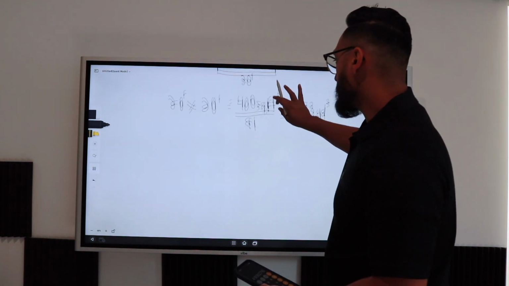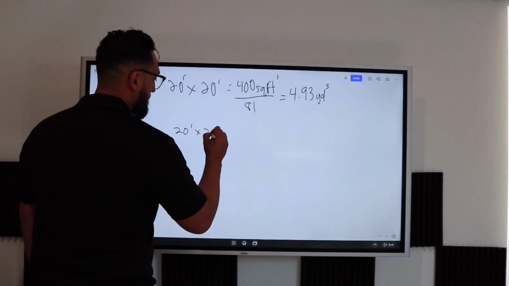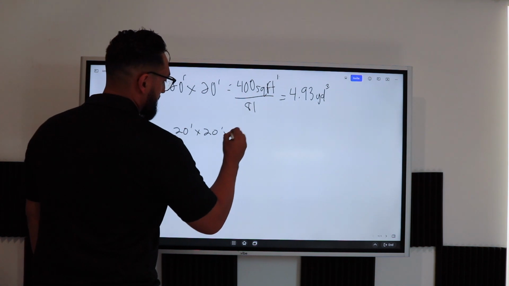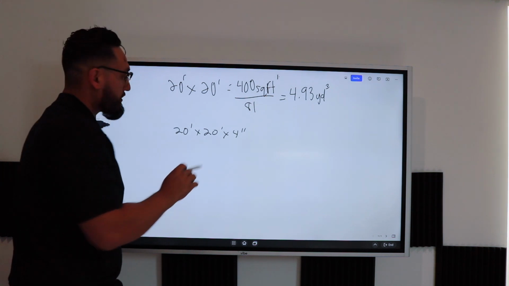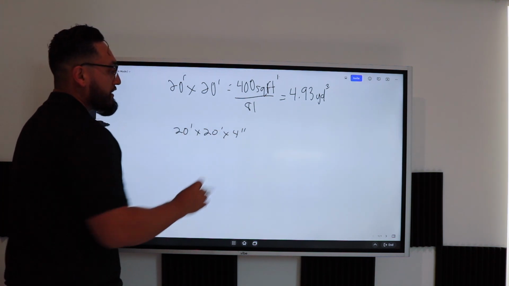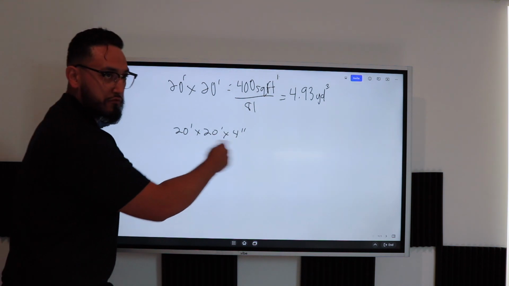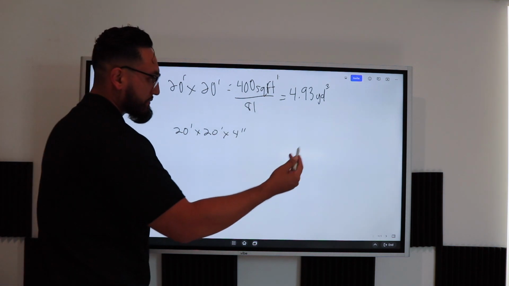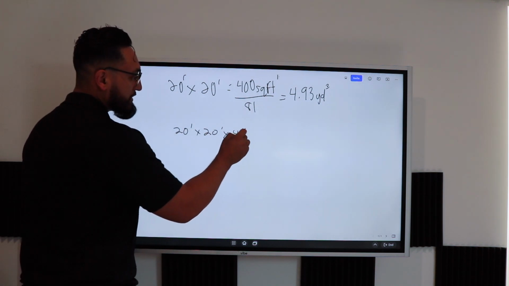The long way is, what you do is you multiply 20 by 20 by 4 inches, right? But there's a problem here. You have feet and you have inches. When you have two different dimensions like this, you have to convert so they're all feet, or all inches, it doesn't matter, but in this case, feet. So you have to convert the 4 inches into feet.